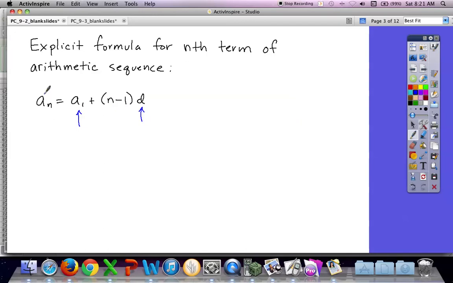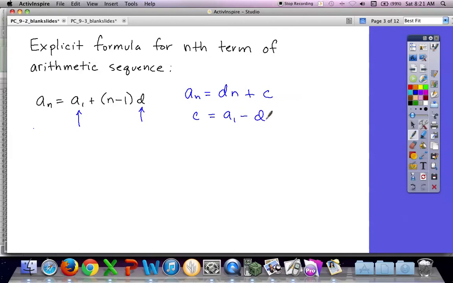I will say that there is another pair of formulas that they give at the top of page 630 in the book, which say this: a sub n, the nth term, equals dn plus c, where c equals a1 minus d.